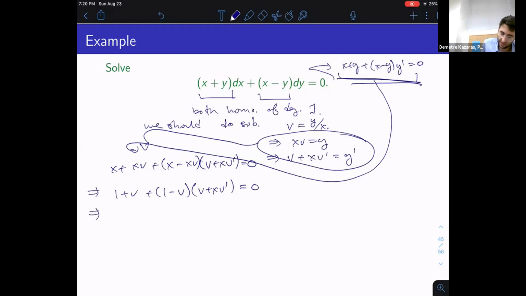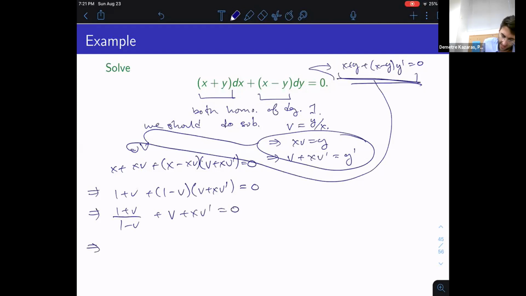Now let's divide everything by 1 minus v. So we got 1 plus v over 1 minus v plus v plus xv prime is equal to 0.